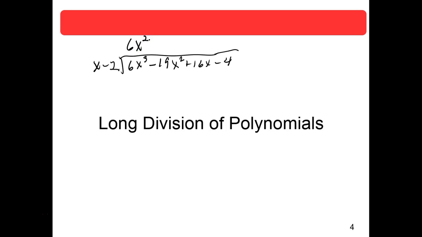And then what do we do next? Multiply. 6x squared times x is 6x cubed. You know it's got to be that. But you also do this one. 6x squared times minus 2 is minus 12x squared, right? And then what are you going to do?